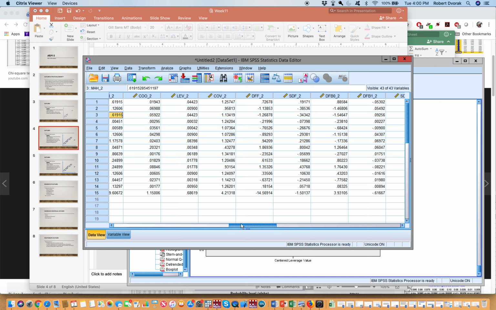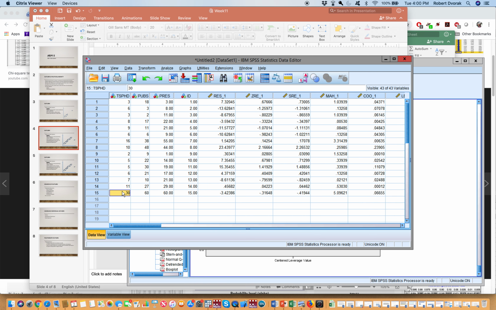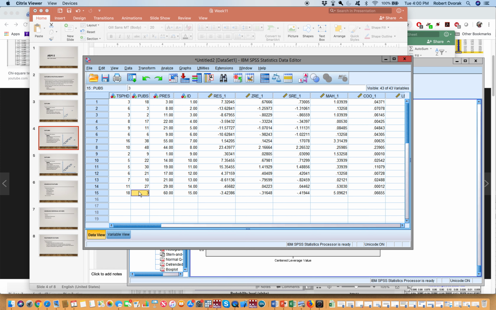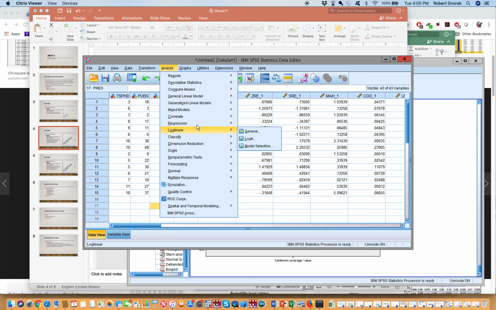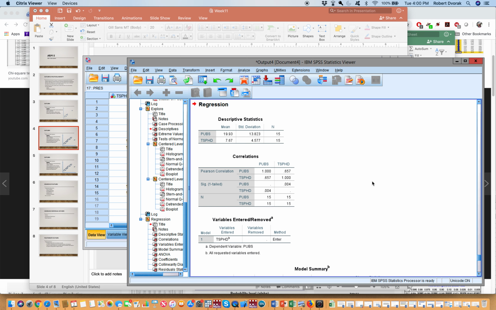Let's look at our data. Before this was 18 and 37, but in order to make this kind of cranky, let's go 18 and 3. Let's go analyze. So we've only changed one variable. Remember, actually, let's go 18, 37, what it was before. Analyze, regression, linear. Okay.